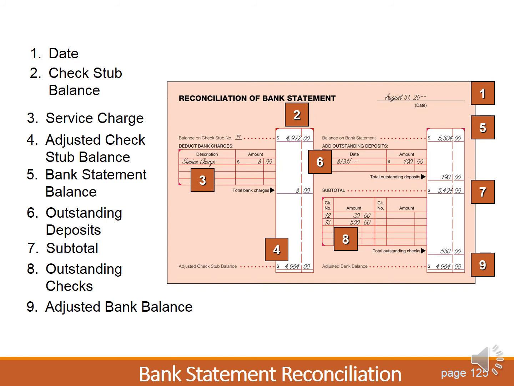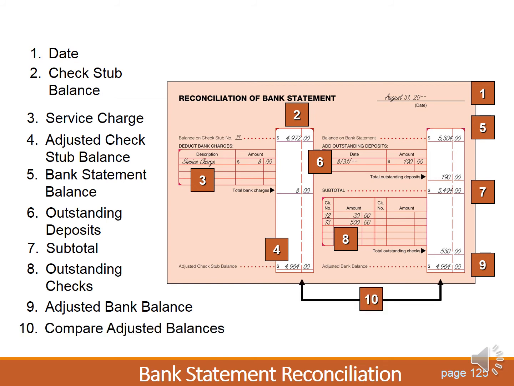Then you subtract the total outstanding checks from the subtotal to come up with your adjusted bank balance. Then last, you're going to compare the two balances. If your adjusted check stub balance and your adjusted bank balance are equal, you have just reconciled your bank statement. If they do not, then you have to search through your work to find where your error is.